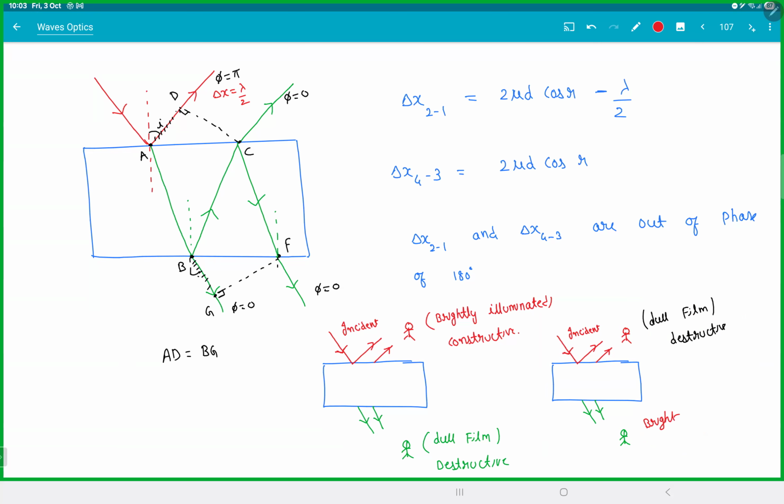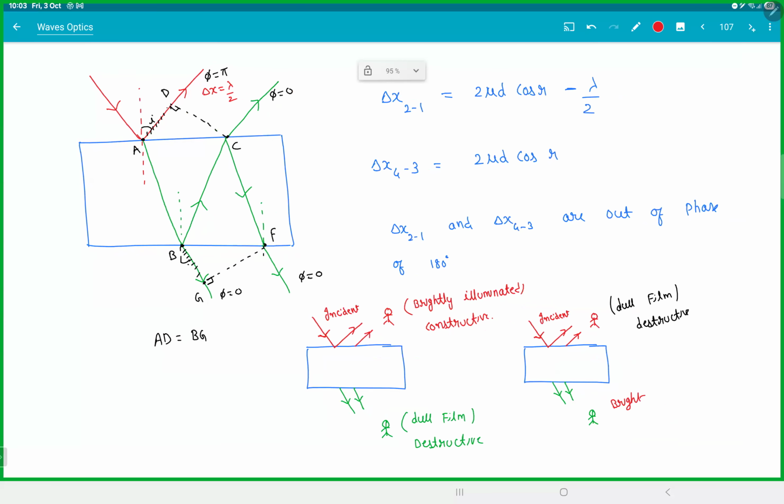Make sense? And there's a simpler way to remember this. By law of conservation of energy, if one side is maximum, shouldn't the other side be minimum? If you have both the sides maximum and maximum, where are you getting all this energy from? Making sense? If one side you're getting a maximum constructive interference, the other side should be destructive so that the total energy can be balanced. So that's an easy way to remember this, and that would be a more logical proof actually.